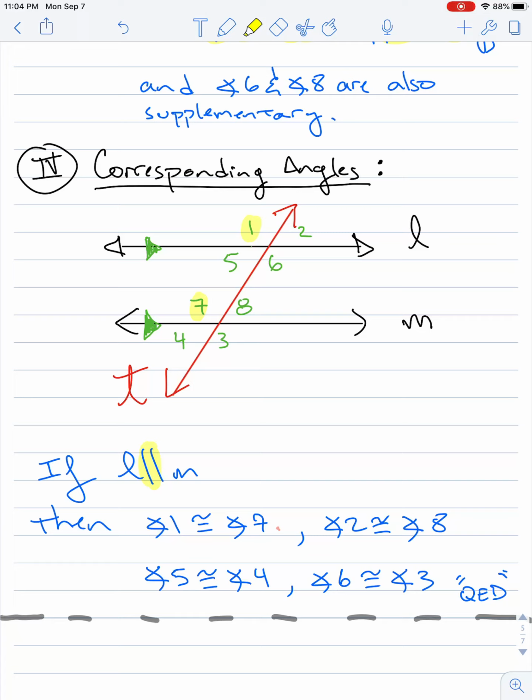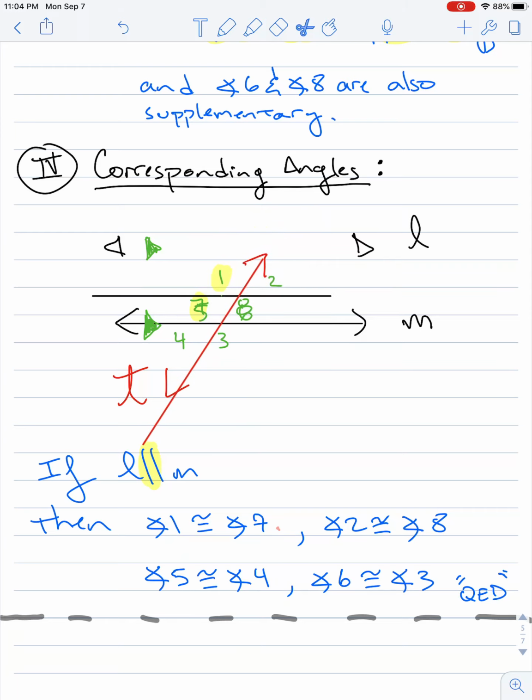Now, I'm going to create a visual to help you understand how these angles are congruent and what we mean by corresponding. So I'm going to take angles 1, 2, 5, and 6. Watch this. I'm going to slide them down or move them down. Where will angle 1 land on top? Where will angle 2 land? Angle 5 and 6. If I move them down, right, and I line them up with 7, 8, 3, and 4, you see where they're landing?